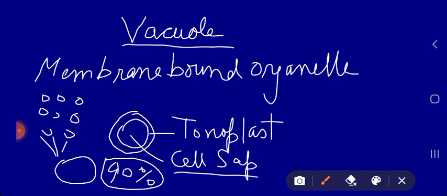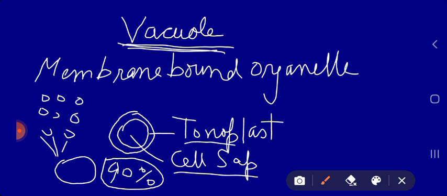Therefore its structure varies according to the requirement of the cell, right? Again I repeat, the vacuole has no basic shape or size, so its structure varies according to the requirement of the cell.